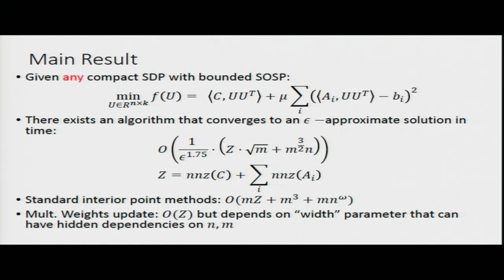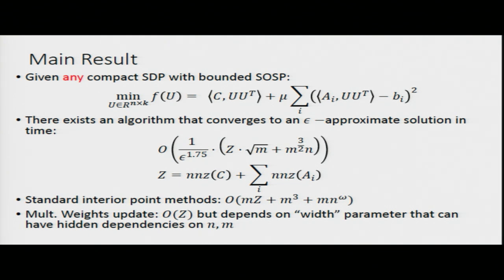That is, the number of non-zeros in our constraint matrices as well as the cost matrix. And for various practical problems like, say, max cut, the value of Z can be much smaller than n square. Okay. So what this says is that our per iteration complexity can be very nice and can be much smaller than, say, per iteration complexity of standard interior point methods. On the other hand, the number of iterations that we might need to take can be much larger than that of interior point method.